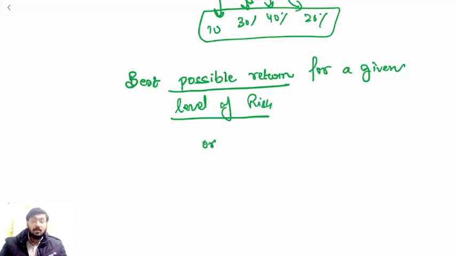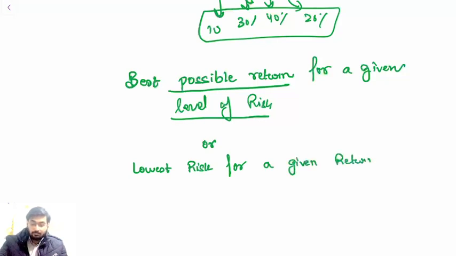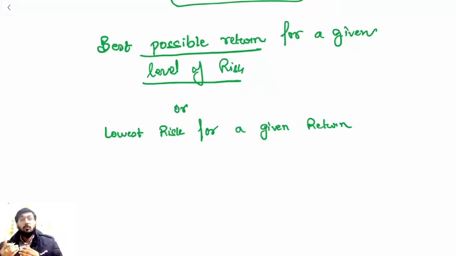Or write down another statement: lowest risk for a given return. So any portfolio below this line is inefficient, any portfolio above this line cannot exist.